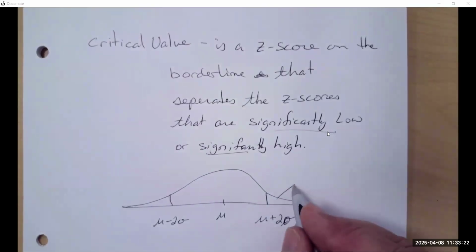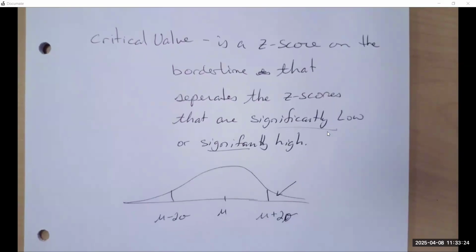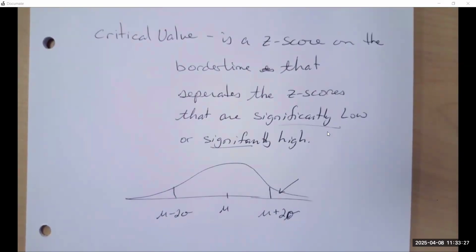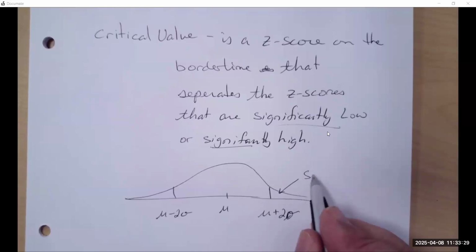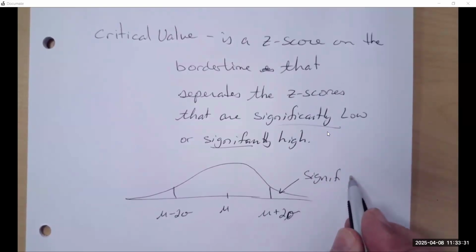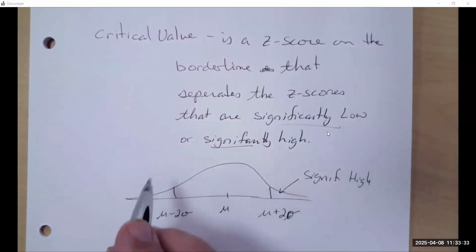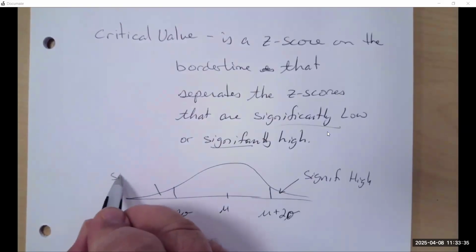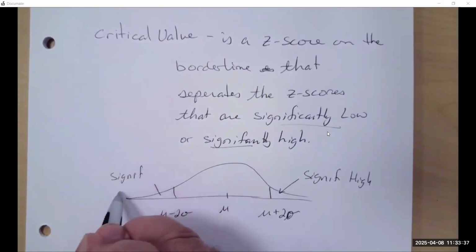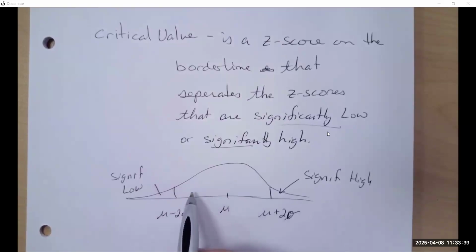If a number is in here, it's what? Significantly high. If a number is in here, it's significantly low. If it's between there, it's nothing.